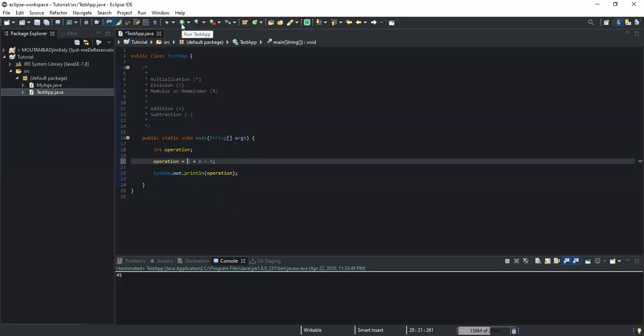If I run this, you will see that I have 10 as the result here. Because the addition and the subtraction operators have the same level of precedence, it's obeying the second rule that says that in case the operators have the same level of precedence, the operation is evaluated from the left to the right.